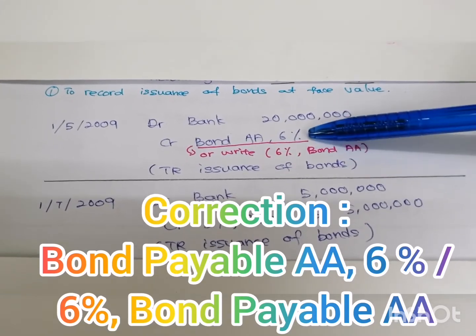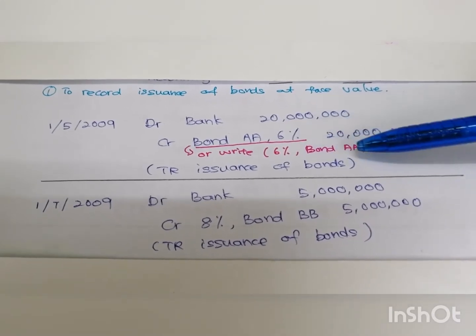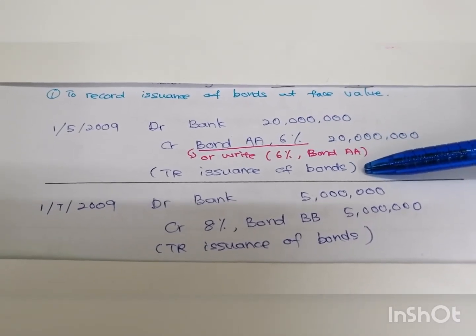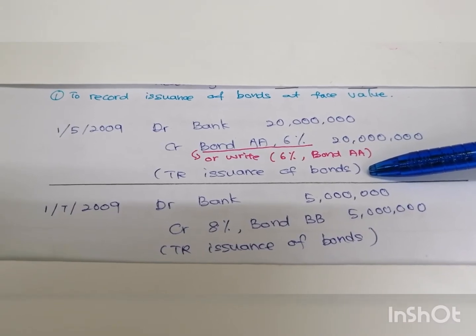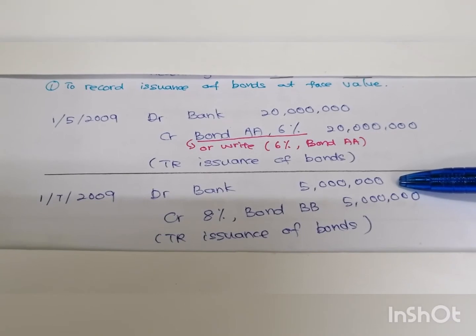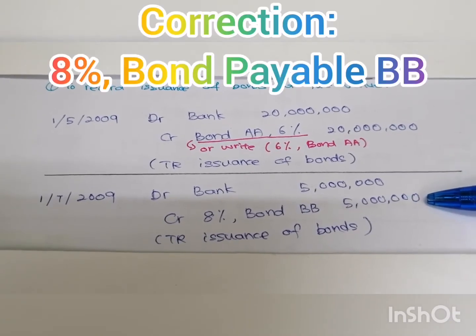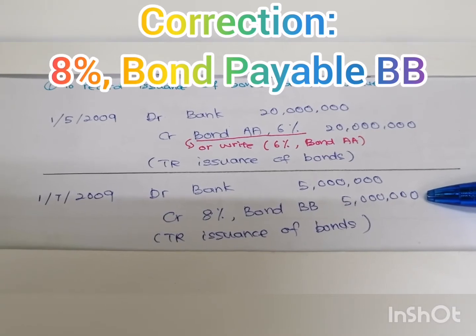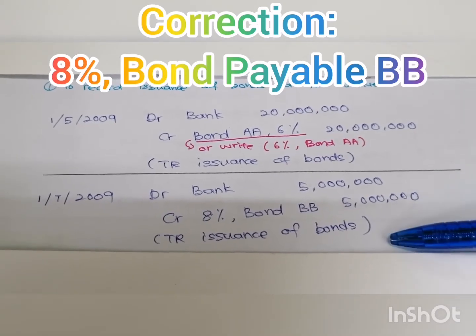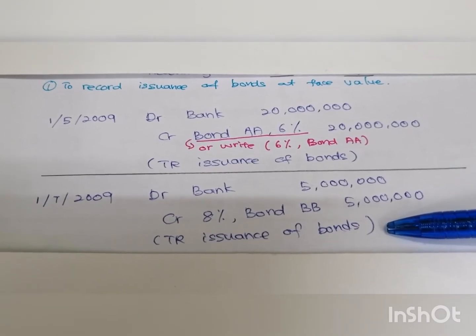It's up to you, but this is the way that I write. The explanation will be to record the issuance of bonds. On 1st July 2009, we debit bank 5 million and we credit 8% bond BB 5 million. The explanation will be to record the issuance of bonds.